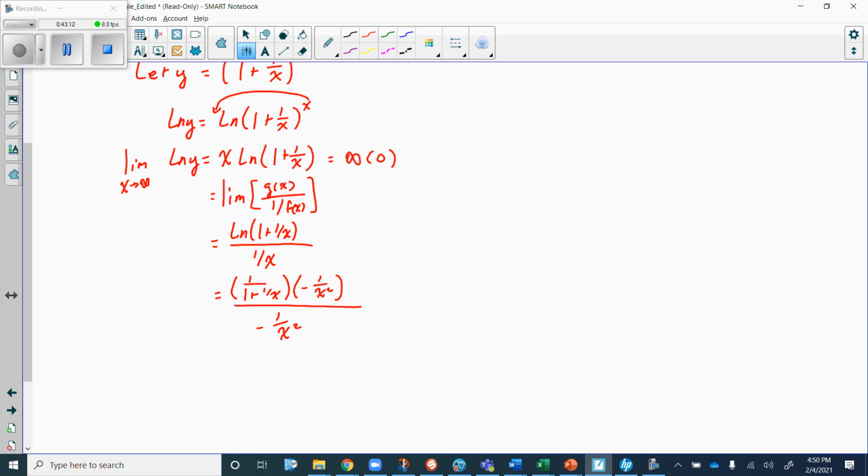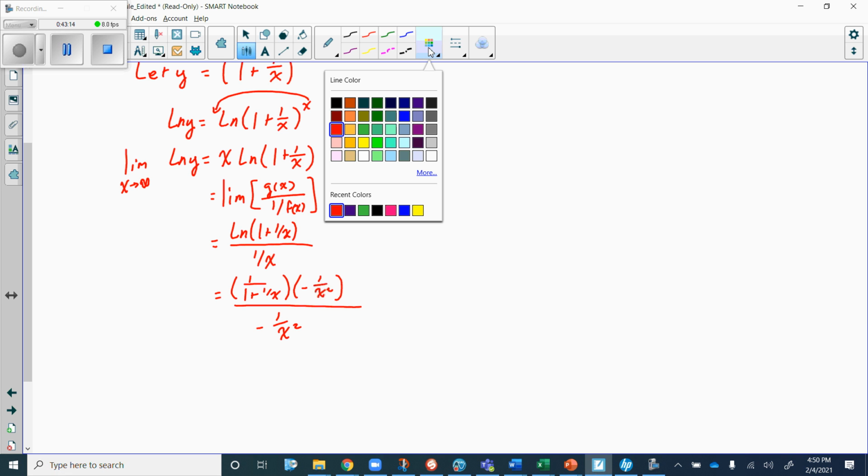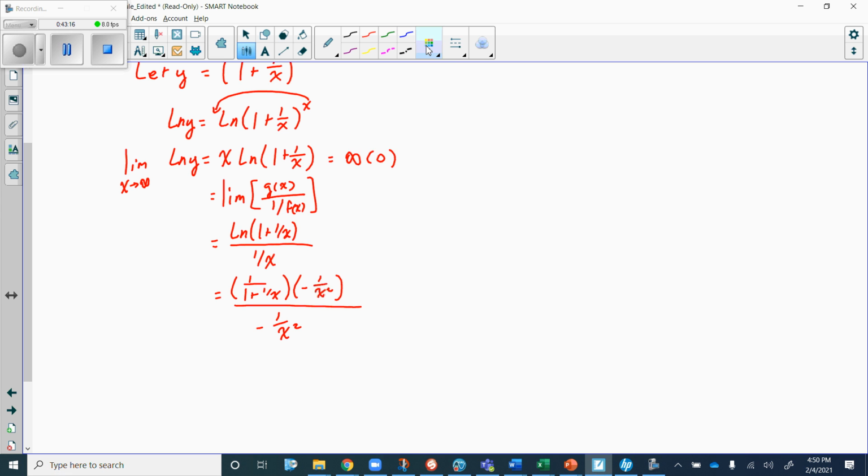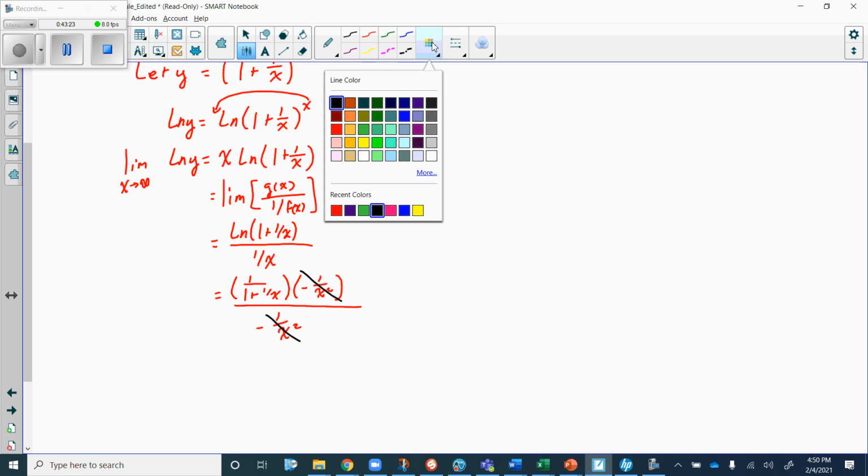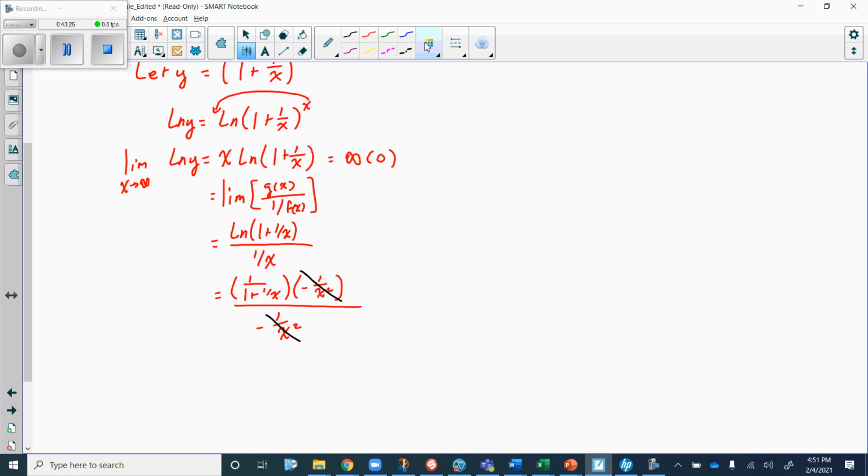Again, we can see that I have a negative 1 over x squared here and a negative 1 over x squared here, and those are both going to simplify to be 1. So I'm left with the limit of the natural log of y to be equal to 1 over 1 plus 1 over x.